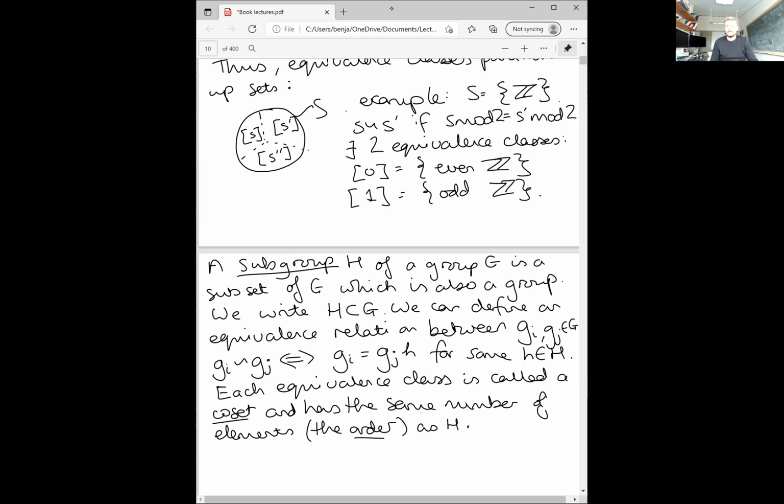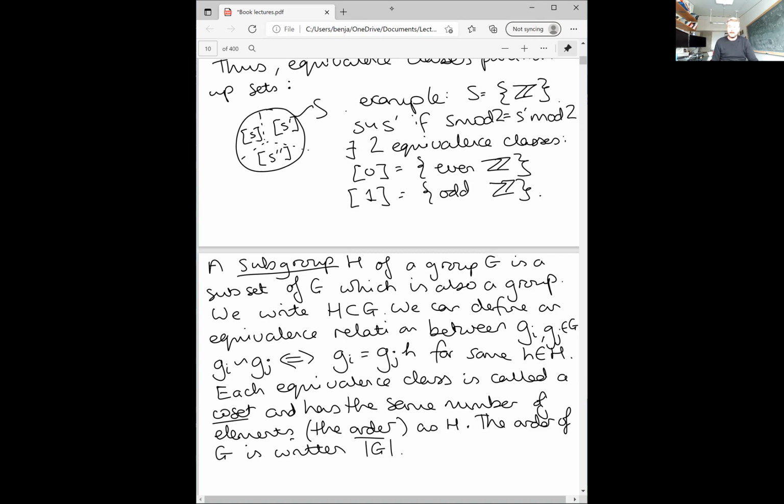So the order of some group is written by the same symbols that one uses to describe the modulus or the absolute value. So the order of G is written with these vertical lines.